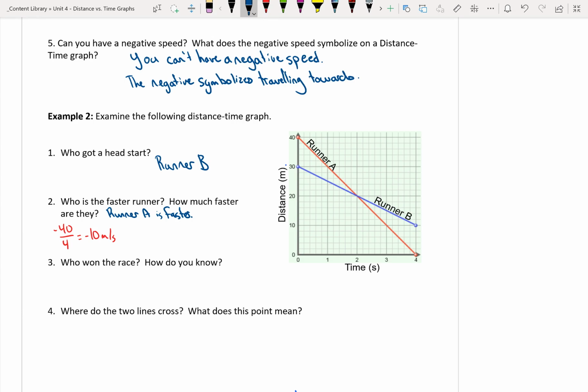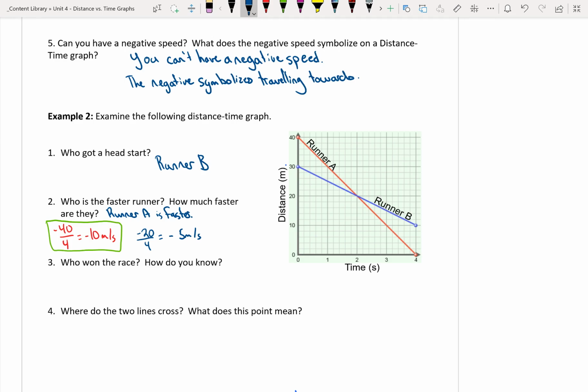Runner B went from 30 to 10, so they traveled negative 20 meters in 4 seconds, or we traveled towards for 20 meters in 4 seconds. So we're looking at a speed of negative 5 meters per second. The negative again is only indicating that we're traveling towards. So that means that again, runner A is faster, and how much faster? Well, 5 meters per second.